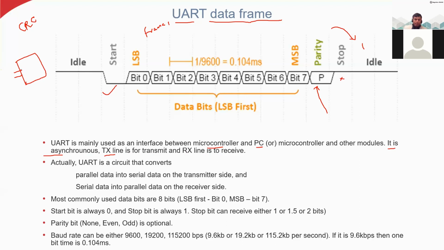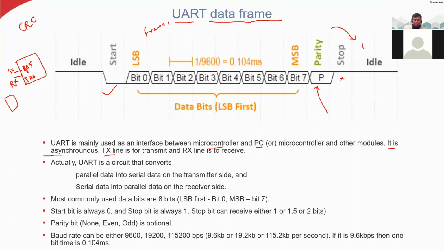For example, this is port A, PA5, pin number 5, and this is pin number 6 in port A. If I set up pin number 5 as a transmitter, then I must set up another pin as a receiver, because I am transmitting this data from the microcontroller to maybe my PC.